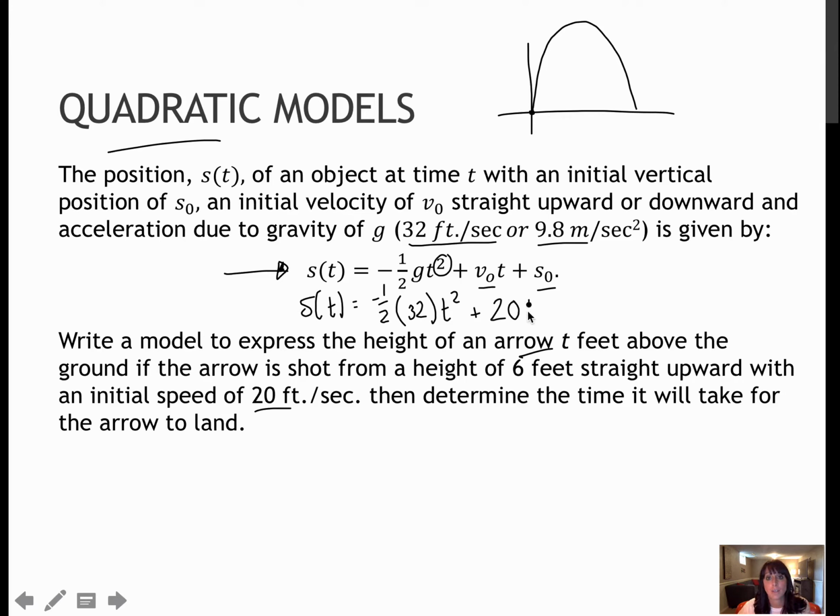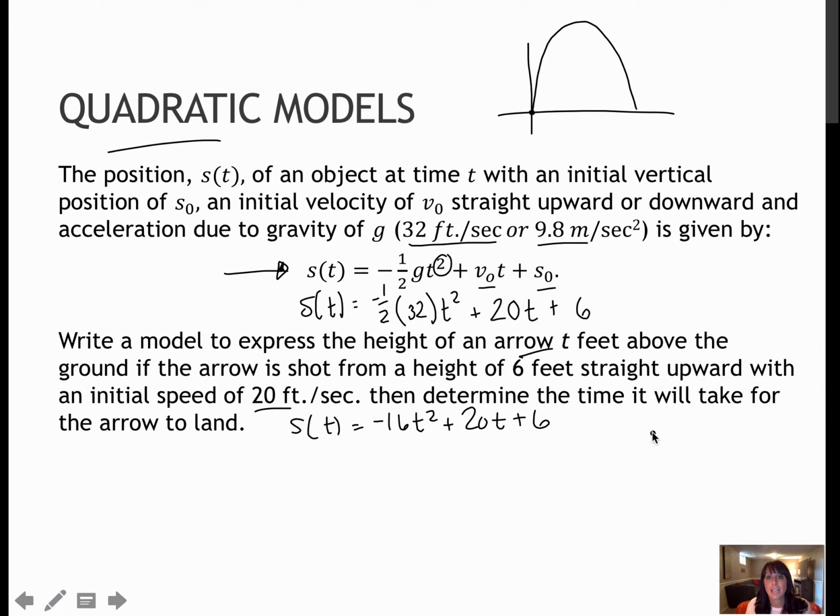Speed and velocity, those are the same. S sub 0 is the initial starting point. This arrow is shot 6 feet off the ground already, so that's the +6. By simplifying that a little bit, the function I will use is -16 t squared plus 20t plus 6. That is your position function for this particular question.